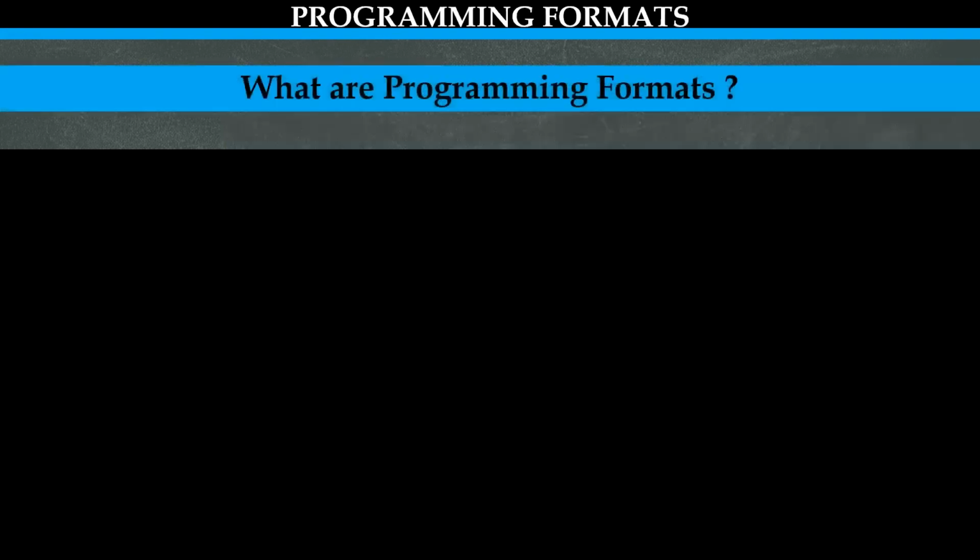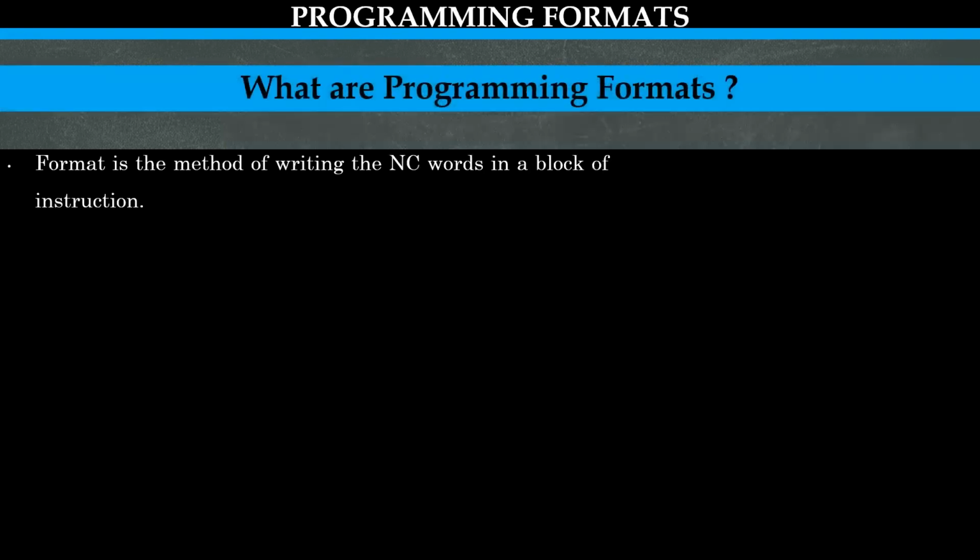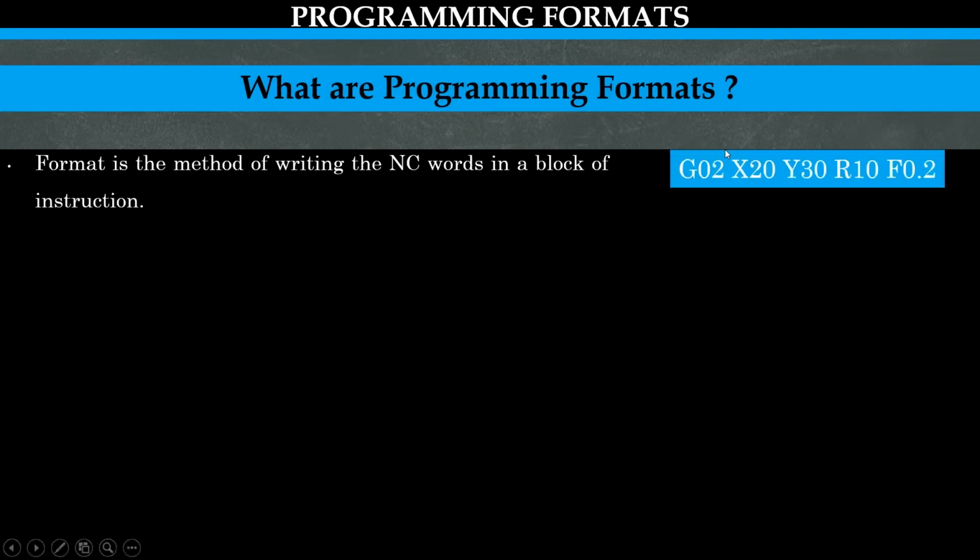What are programming formats? Format is the method of writing the NC words in a block of instruction. It is the way in which different NC words are arranged in a block of instruction. Here, the use of G, X, Y, R, and F words is seen in a block of instruction.